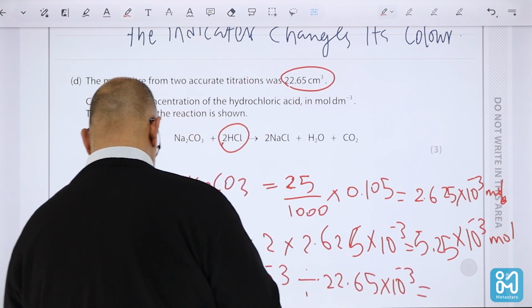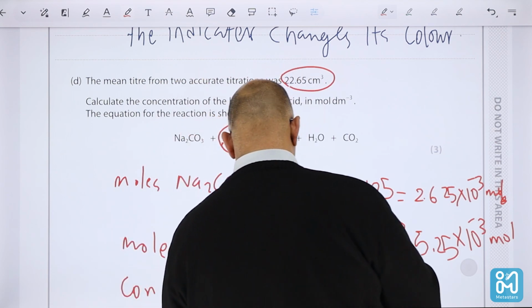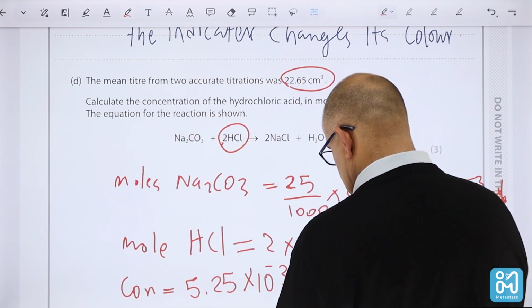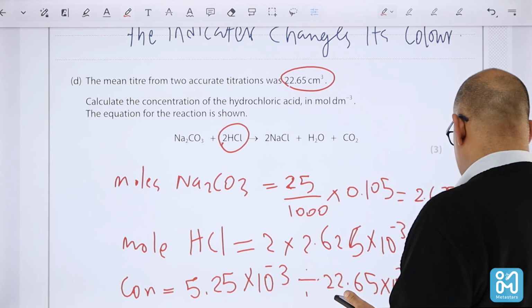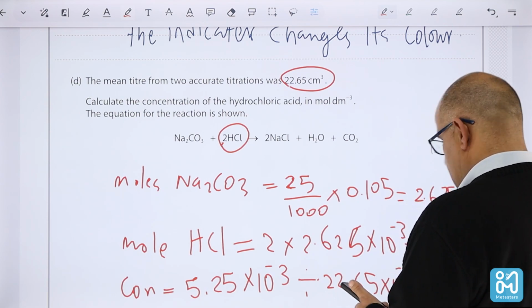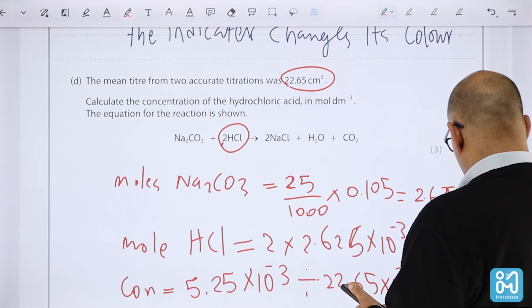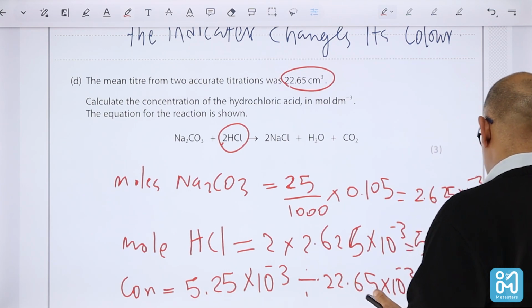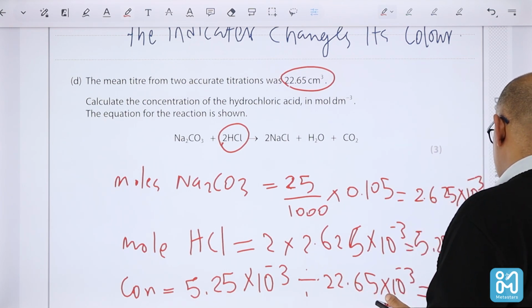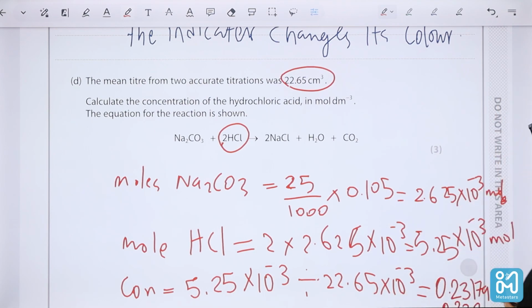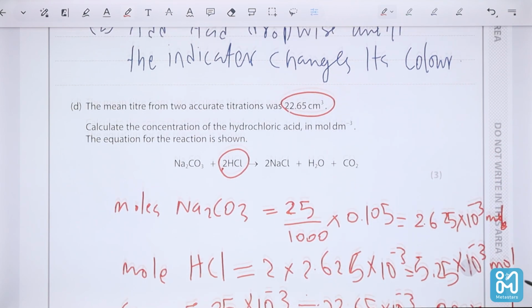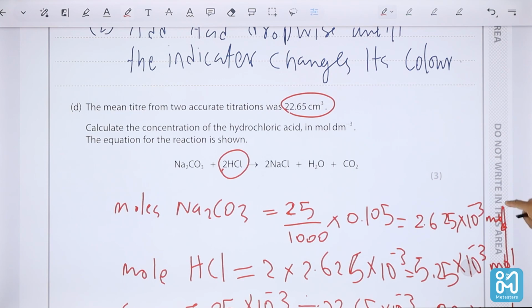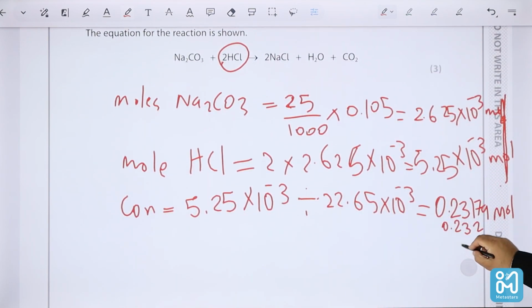So the answer is around 0.23179. So you can round it to 0.232 mole per cubic decimeter. That's it.